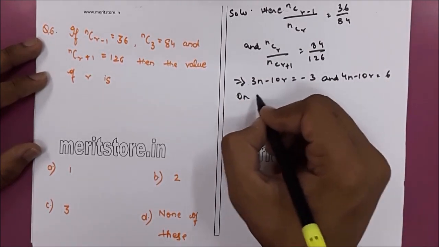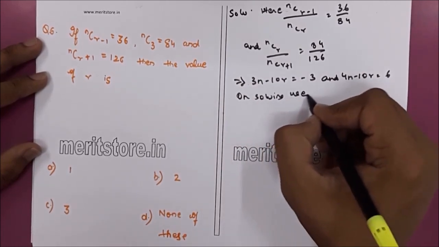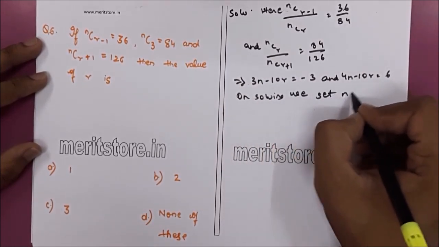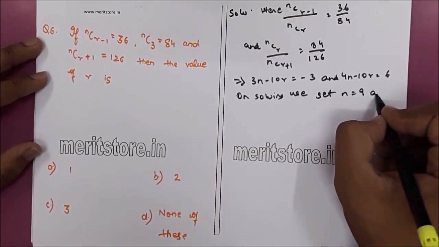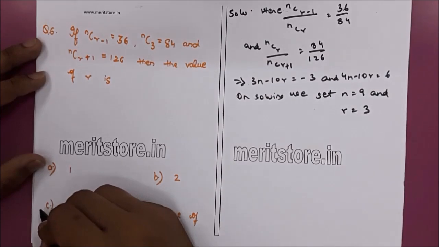On solving we get n is equal to 9 and R is equal to 3. Therefore option C is correct.